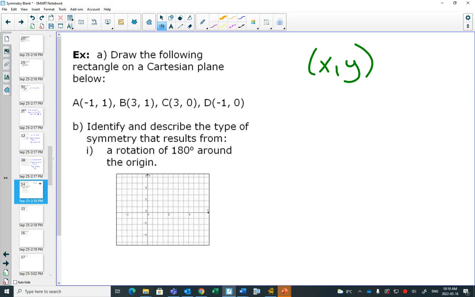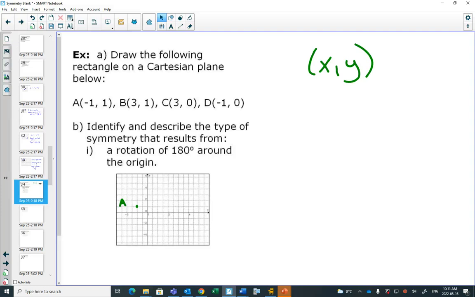So if I have point A, which is -1, 1, I go -1 on my x, +1 on my y. This will be point A. Sorry, I didn't see the numbers here. Yeah, because you're going by 2's on the bottom.